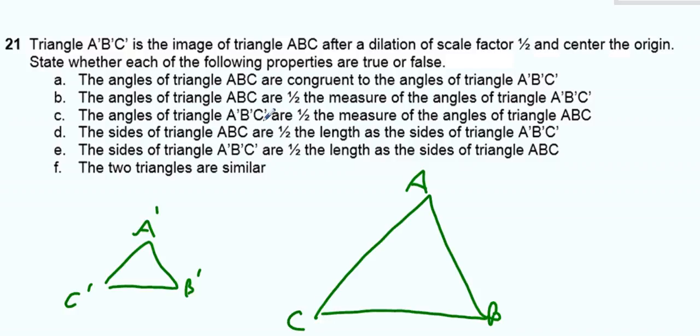So the angles of ABC are congruent to the angles of A prime, B prime, C prime. That's true. The angles don't change when you dilate. The angles of ABC are half the measure. That's false. We just said the angles don't change. Which means C is also false. The angles don't change.